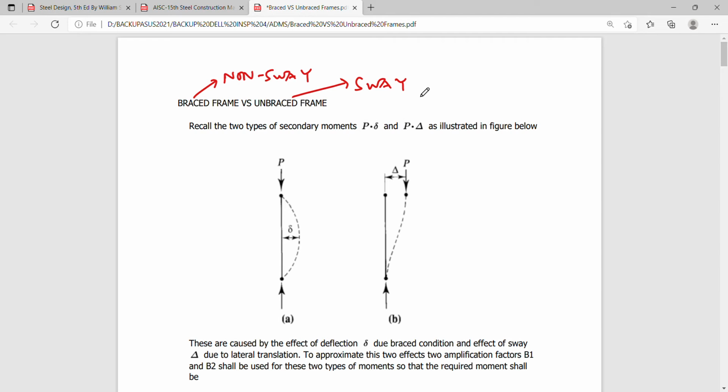The first is actually the ones we consider for the brace scenario, wherein the ends are not experiencing any translation. While here the ends are actually experiencing what you call translation.